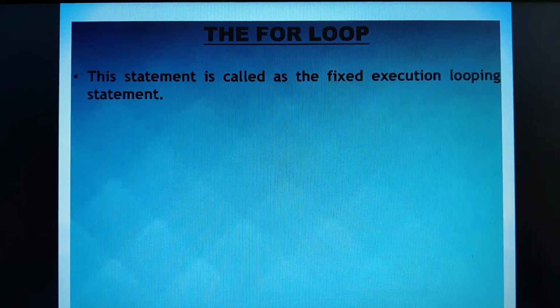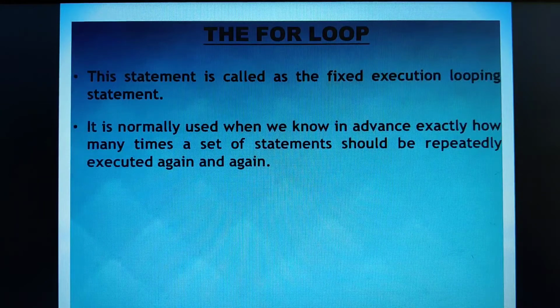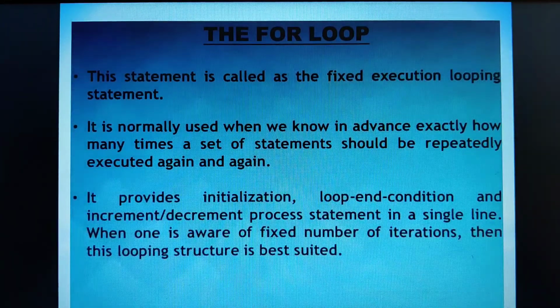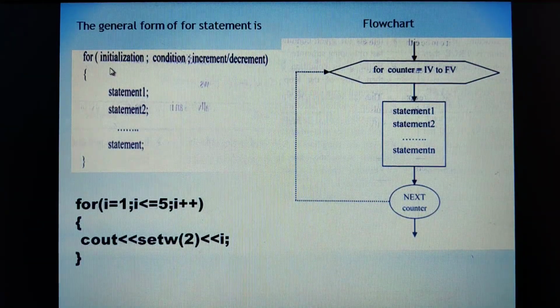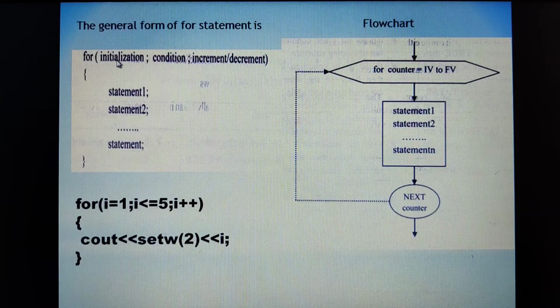Now let us see the general syntax and the flowchart of the for loop. So this is what I have just explained here. In the case of the for loop, we have 3 parts. The first one is initialization, the next one is the condition, the third one is increment or decrement.